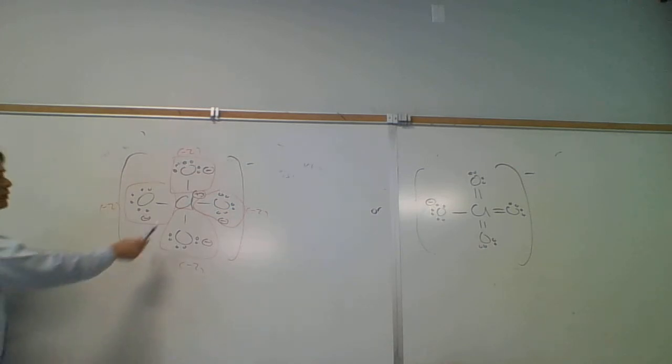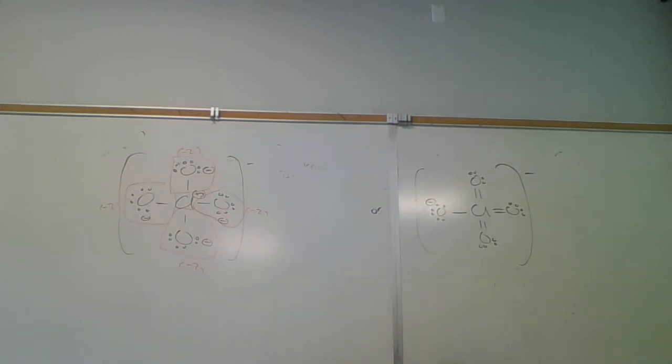But anyway, it leaves chlorine with how many electrons? Leaves chlorine with no electrons. Well, how many electrons was it supposed to have? 7. It contributed 7, and it got how many in return? None.